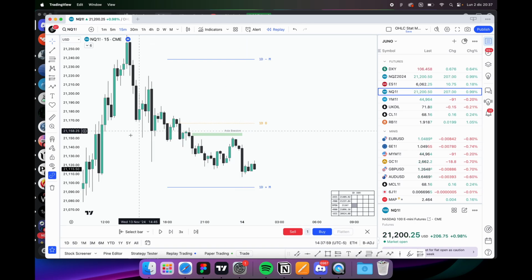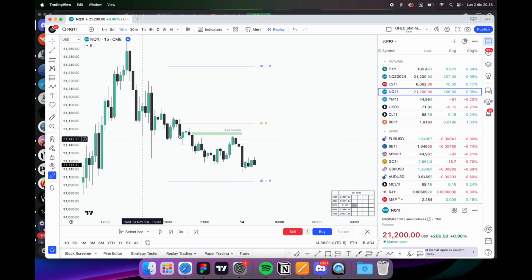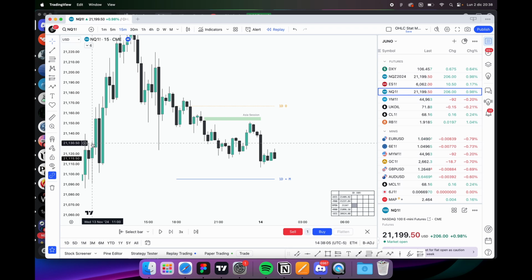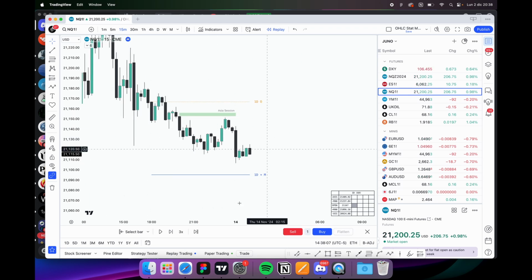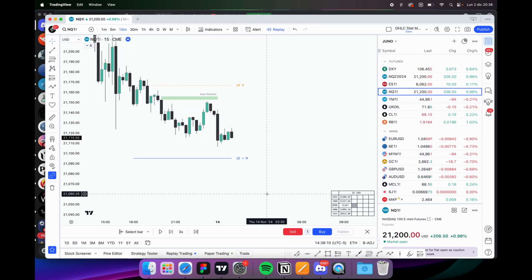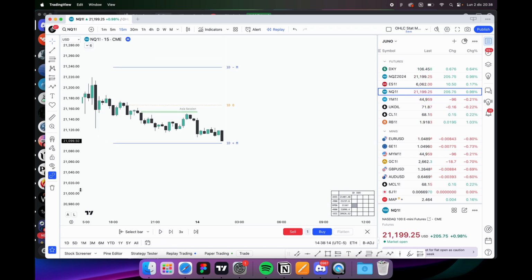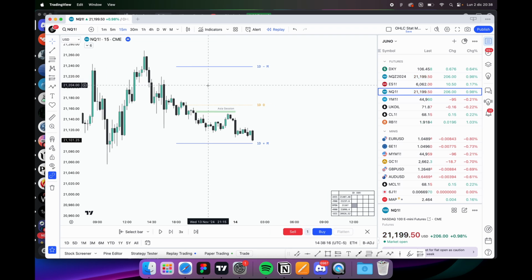Okay, so for this first example, I want to check one of the days that the model played out. So first of all, we want to see price trade inside the manipulation range.